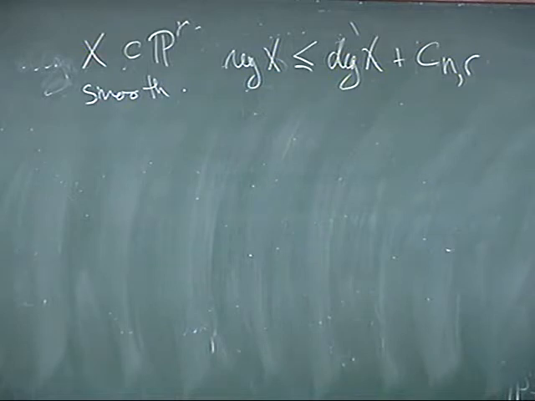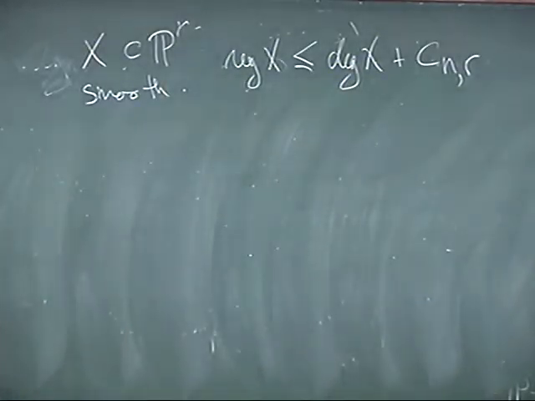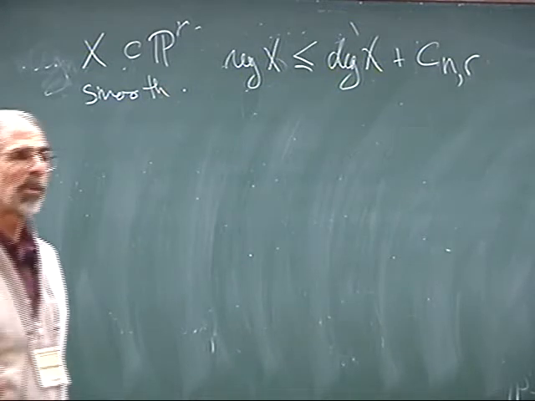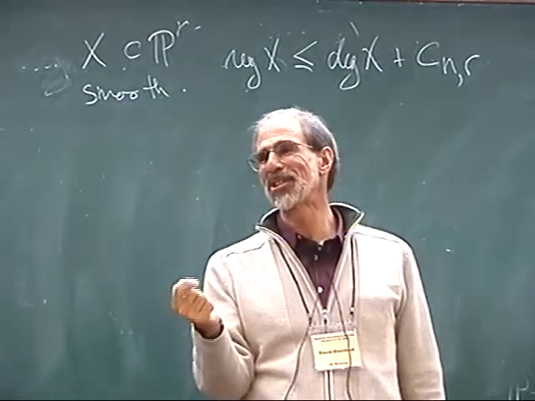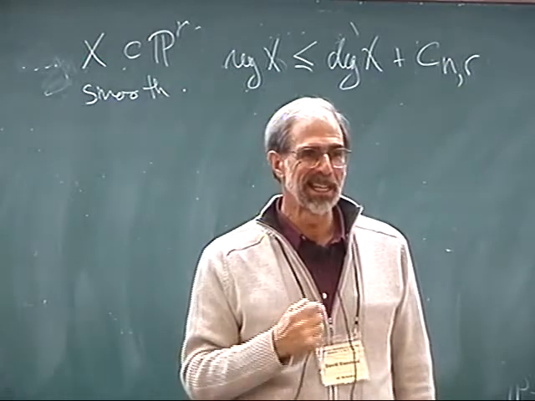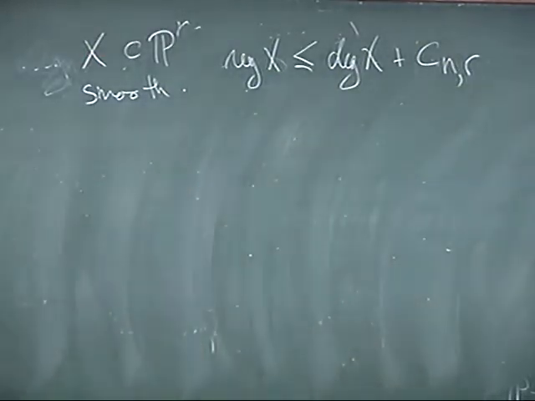Well, I left open the question of epsilon. How big do you have to take t to make any of these things true? And of course, if you are interested in examples, you might want to compute epsilon, and you can't compute epsilon unless you know how big t has to be. So that's a kind of burning question for me.